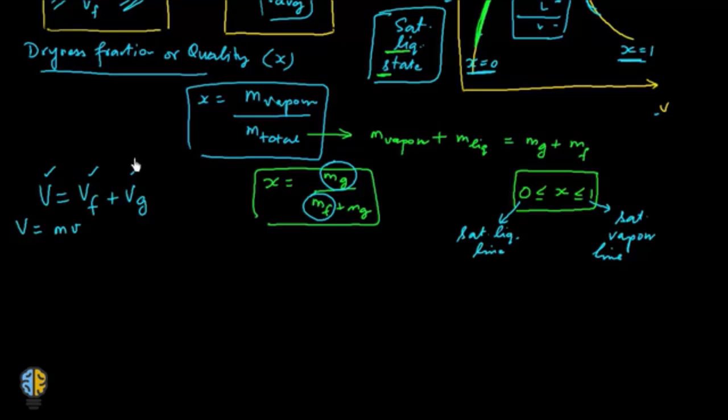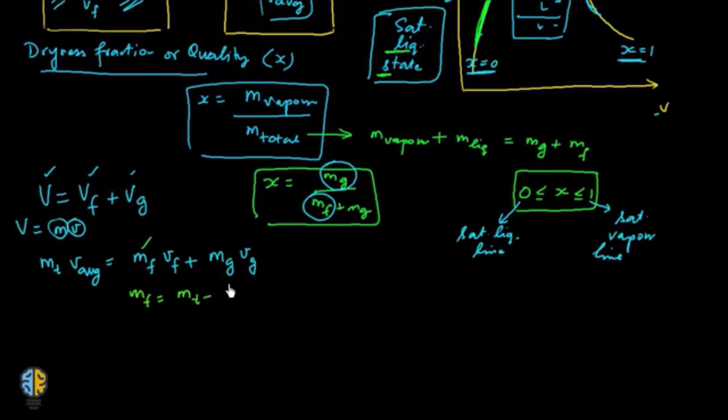This would be the total mass and this would be the average specific volume. So m total into average specific volume is equal to the mass of the liquid into the specific volume of liquid plus the mass of vapor into the specific volume of vapor. Now, the mass of fluid can be found by the total mass minus the mass of the gas.